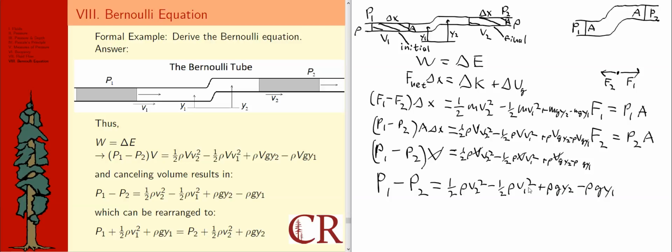And what we can do with this is take all the negative parts and add them to the opposite side. So P2 will go to the right, and the minus 1/2 rho V1 squared and the minus rho g y1 will get added to the left side, and that gives us the overall result that we've been waiting for.